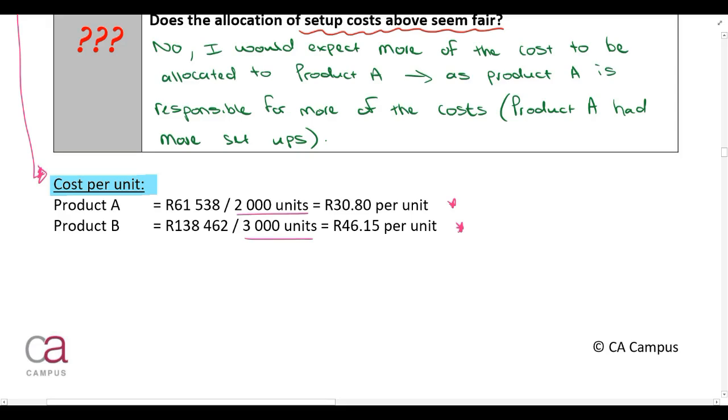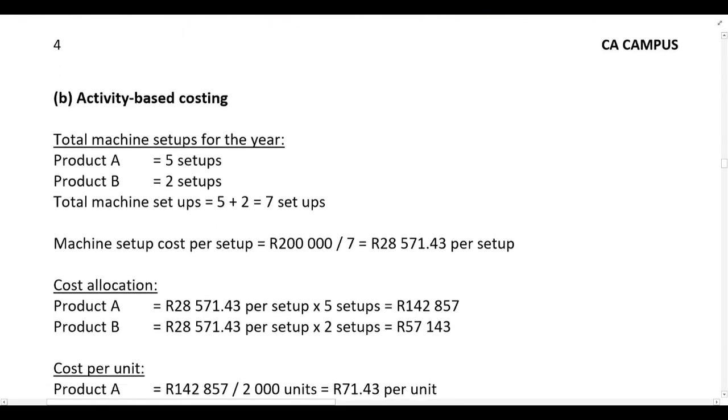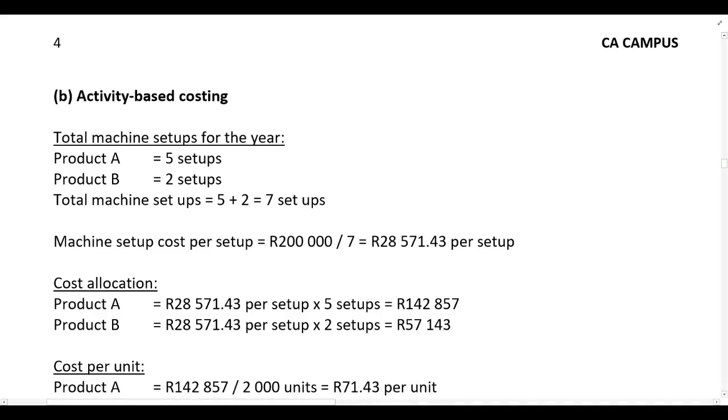Now let's see how this changes if we use activity-based costing. Using activity-based costing, all we do is look for a cost driver where there's a cause and effect relationship. So when I'm calculating my activity rate, instead of calling it an absorption rate or an allocation rate, we now just call it an activity rate.